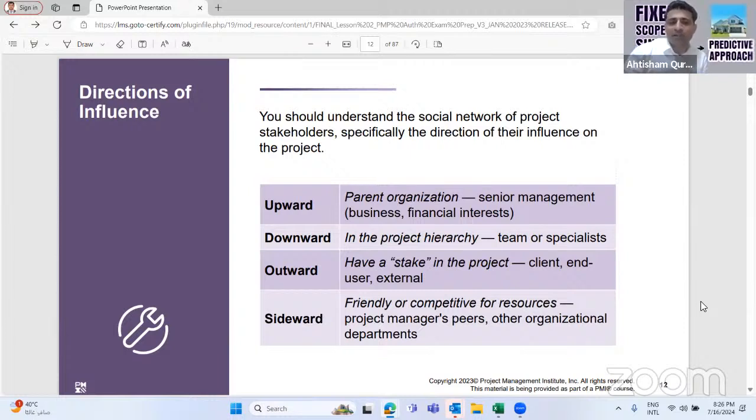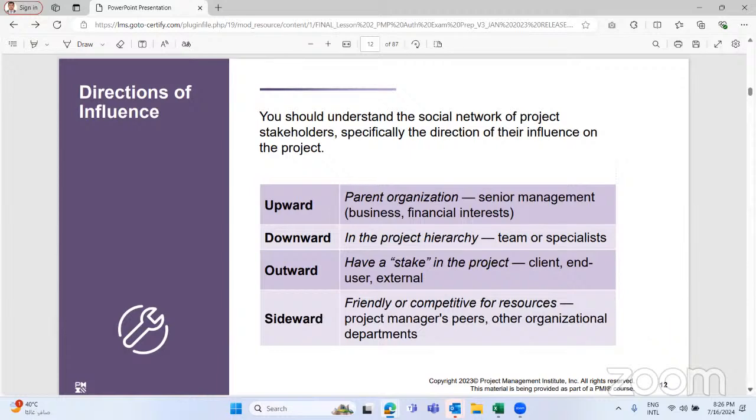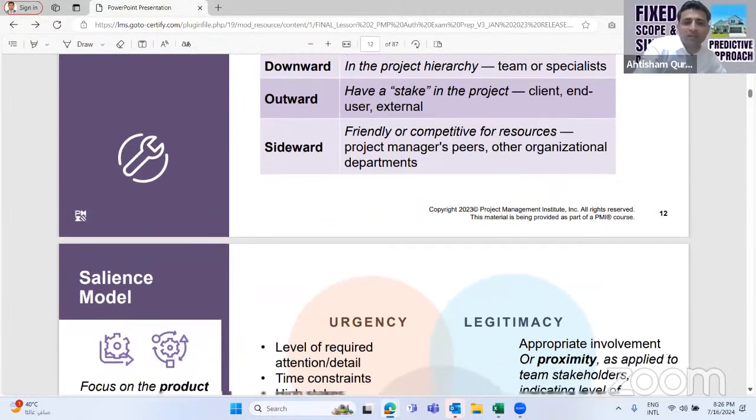So we have some give and takes, handshakes happening, some resources working here and there. We may have a matrix type of organization where we need to negotiate resources all the time from the other project managers or the functional managers. So we can influence projects sideways, right? These are the directions of influence that we may see.